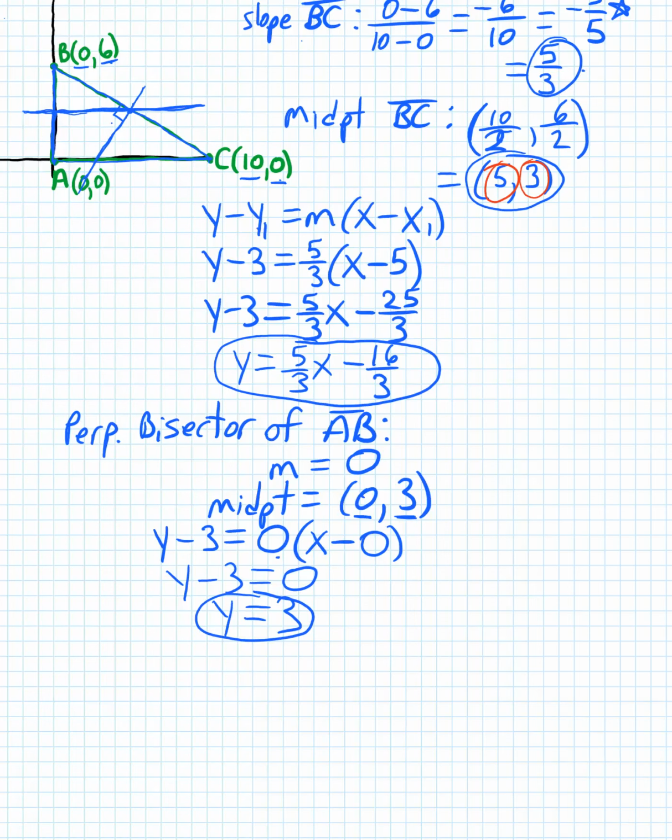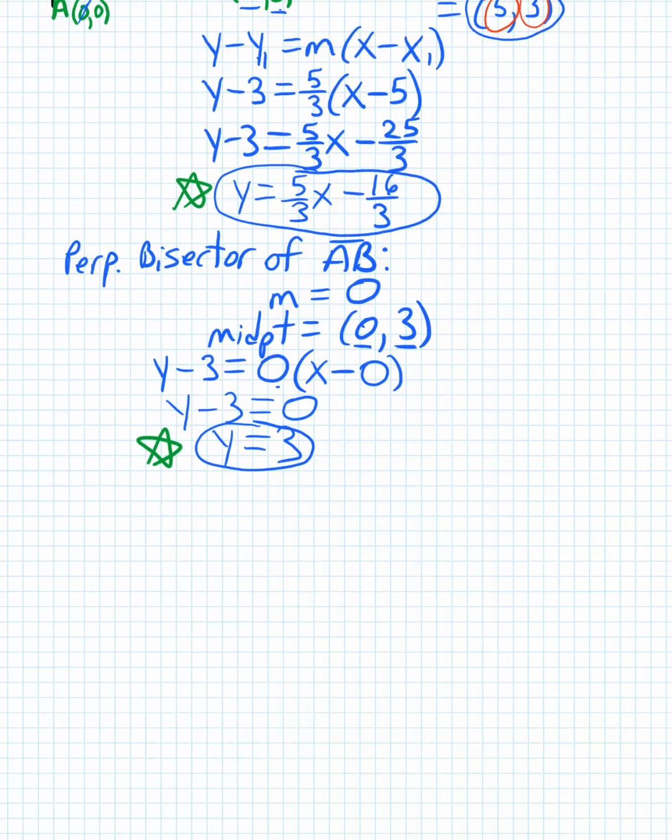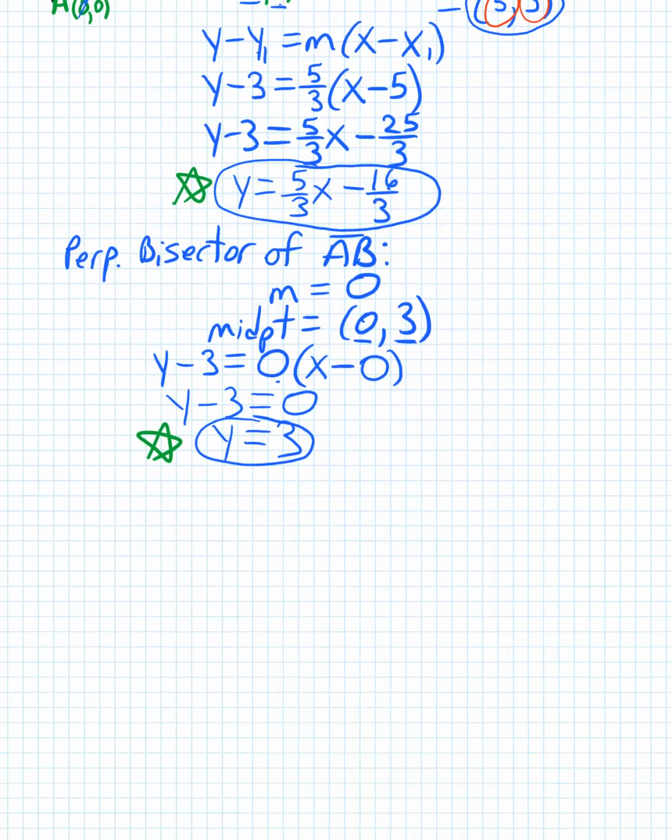So now we've got this equation, we've got this equation, which makes us have what we call a system of equations. And if we can find the point where those two equations intersect, then we have found our circumcenter. So let's go ahead and do that. All right, so system of equations. I think the best way to do this is going to be by substitution.